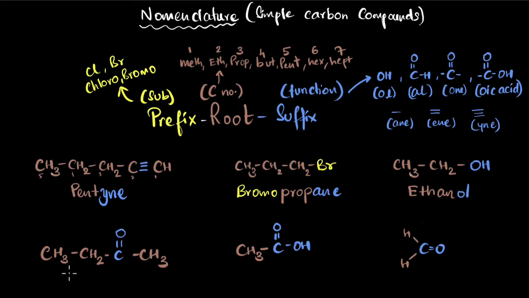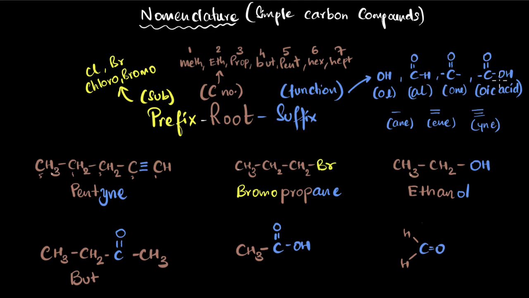So let's go to this one now. For this one, again, I don't have any prefix, no chlorine, no bromine attached. Directly, let's go to the root word. How many carbon atoms do I see? 1, 2, 3, 4. So there are 4 carbon atoms. So the root word is but. Now I have C double bond O. Which one is this? It's not al, because C double bond O has to be connected to H for an aldehyde.